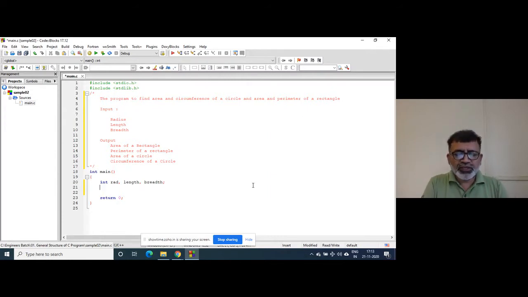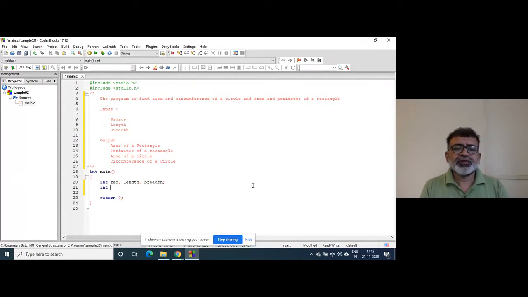So obviously there would be four more variables. Length and breadth, if they are integers for a rectangle, then their area and perimeter are going to be integers, right? Definitely, because it is a rectangle. I will declare int.